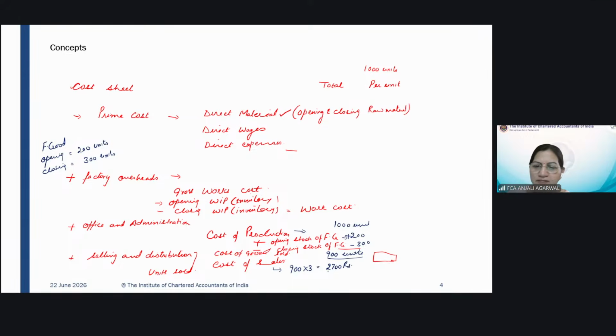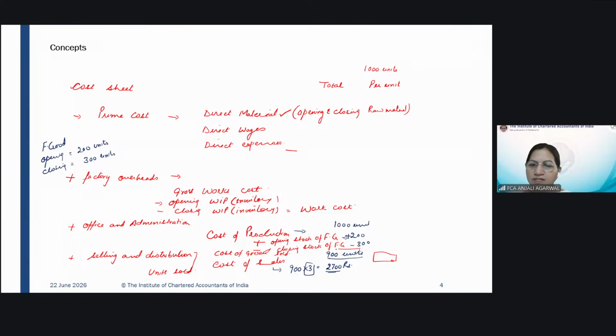So selling expenses, if they are given per unit, will not be incurred on 1000, they will be incurred on 900. If I say that the raw material cost was 1 rupee per unit, that will be taken on 1000 units. Wages are 2 rupee per unit, that would be taken on 1000 units. Direct expenses are 1 rupee per unit, they will be on 1000 units. So any expenditure there, till you adjust the finished goods opening and closing stock, is on 1000 units.